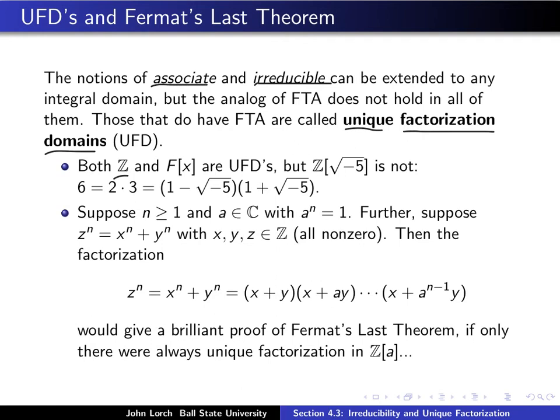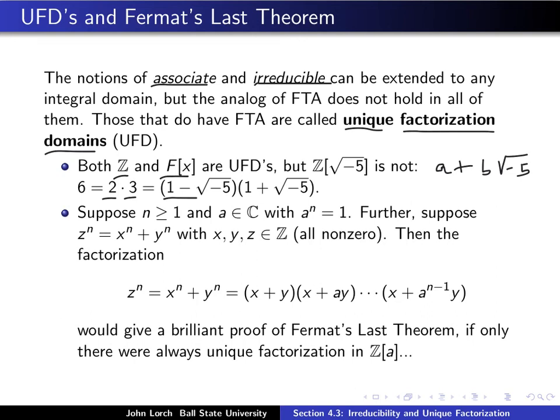So both the integers and polynomials over a ring are UFDs. But this domain, where Z adjoin the square root of -5, so numbers in there are of the form a plus b times the root of -5, where a and b are integers, that domain is not a UFD. In fact, if we take the number 6, we can write it as a product 2 times 3 of irreducibles in this ring.